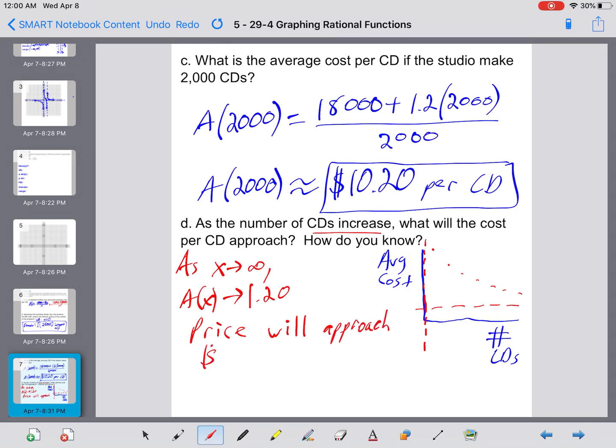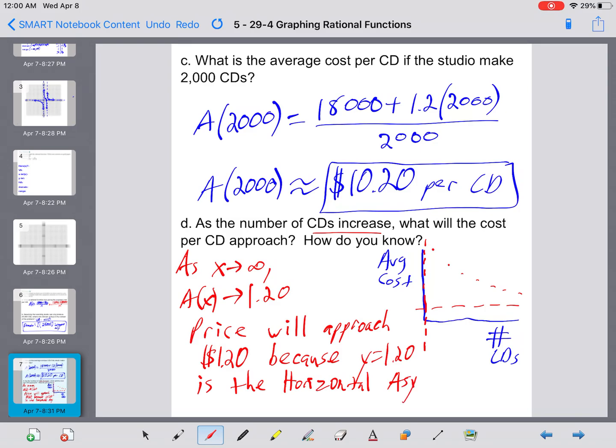So let's write a little sentence to summarize that. We'll approach $1.20 because y equals 1.20 is the horizontal asymptote.